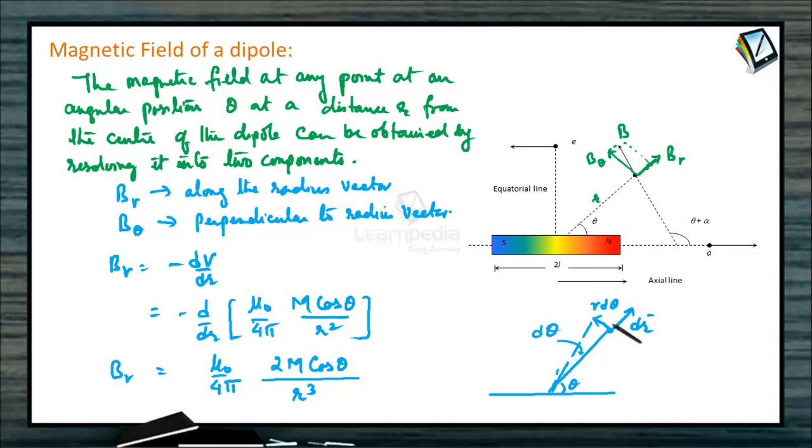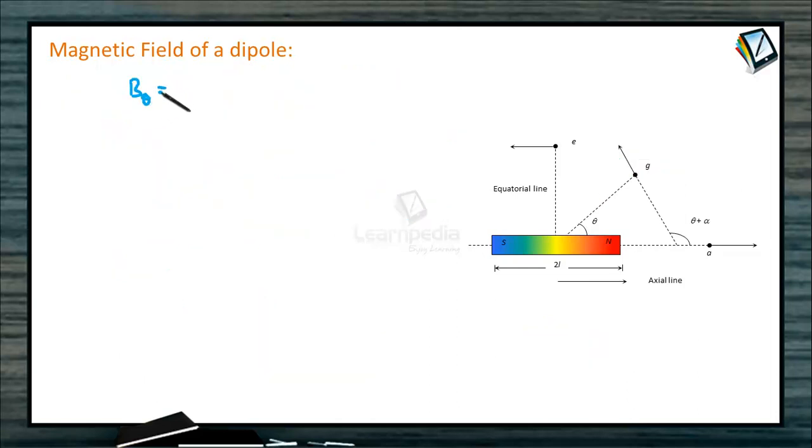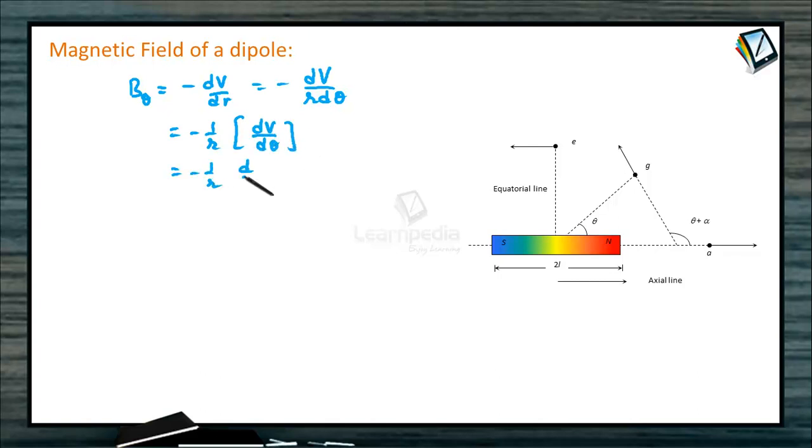Now along the direction theta, it is dV by r d theta. So the magnetic field along theta is minus dV by r d theta, which can be taken as minus 1 by r dV by d theta. So minus 1 by r d by d theta of V. What is V?